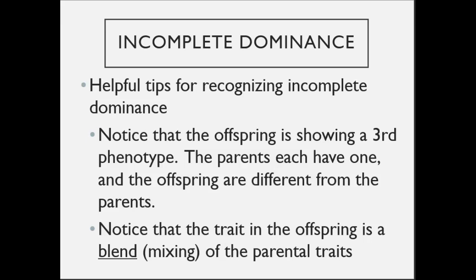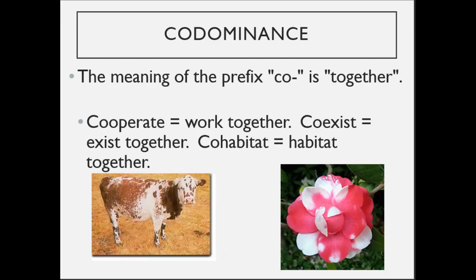Okay. So our other option we were talking about was called codominance. Incomplete dominance, neither one of them shows fully, so it's kind of incomplete. Codominance, co means together or cooperate, meaning they coexist. You have two colors, you see them both.